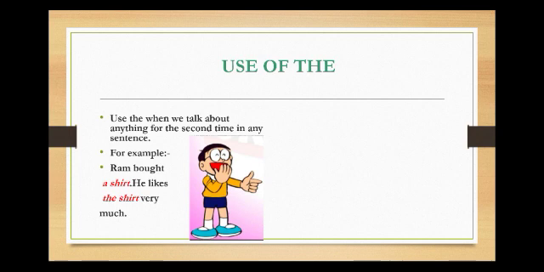So children, when we were talking about the shirt for the first time, we said a shirt, but in the second part of the sentence, when we are referring to the same shirt, we are using the shirt. So remember, for the first time a, second time the.